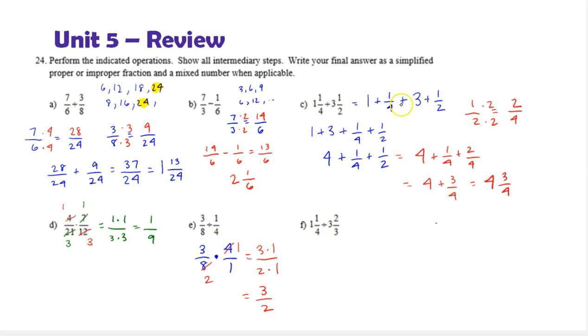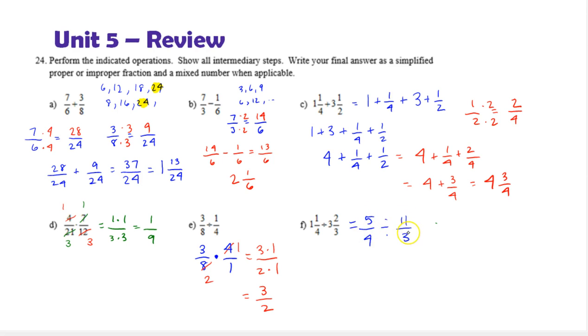If we're dividing, we need to do the division first, but these are really representing addition. So if we write them as improper fractions first, then we don't have to worry about this addition situation. So 4 times 1 is 4, plus 1 is 5. So 5/4 divided by 3 times 3 is 9, plus 2 is 11.